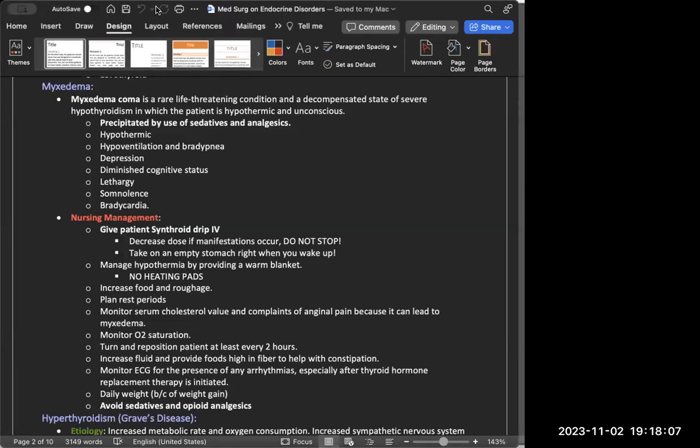So you have low temperatures, they're not breathing properly, they have depression, decreased cognitive status, they're lethargic, confused, tired, bradycardic. This is like CNS depression at its finest, okay? So that's why with anybody who has hypothyroidism, we really need to watch out for their mental status changes.